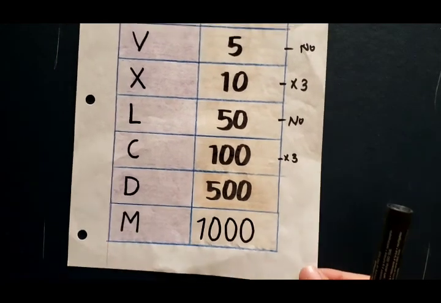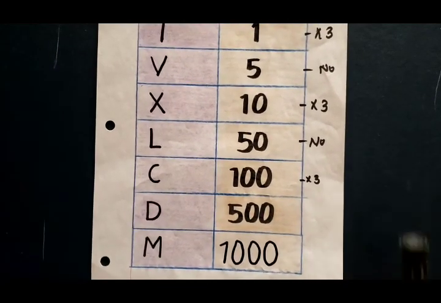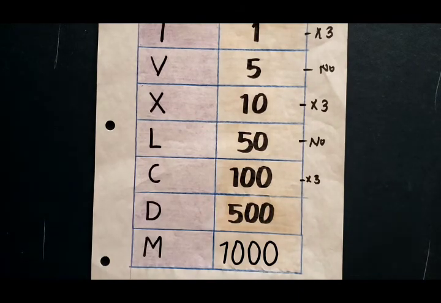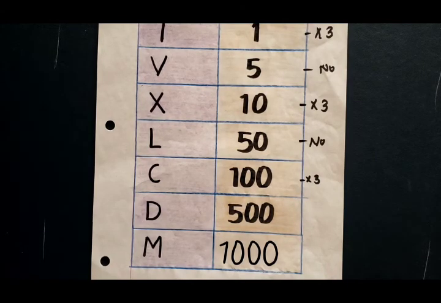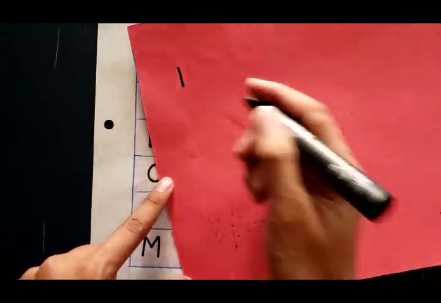We're going to start with the very first thing. Looking at the chart, you're going to tell me what number we have there. If I ask what number we have here, looking at the chart, we know that this number is number 1.